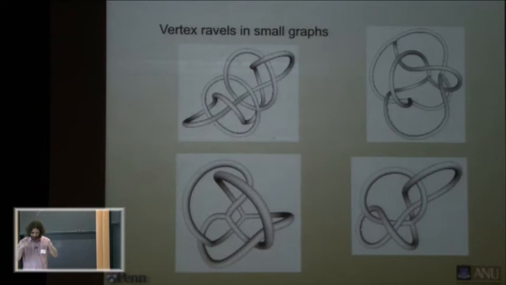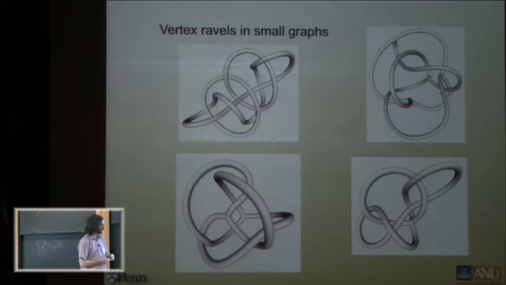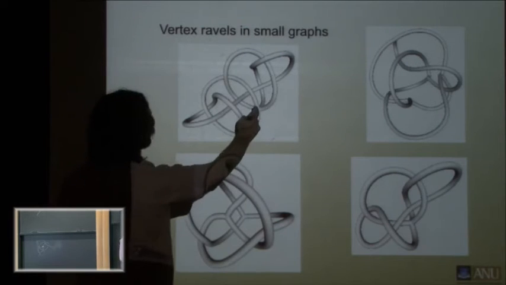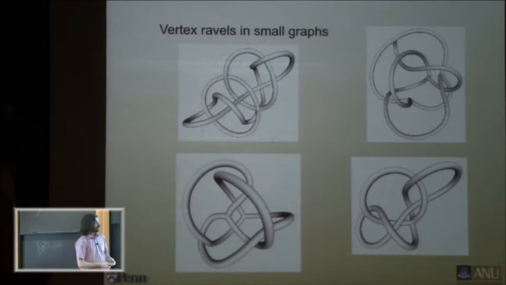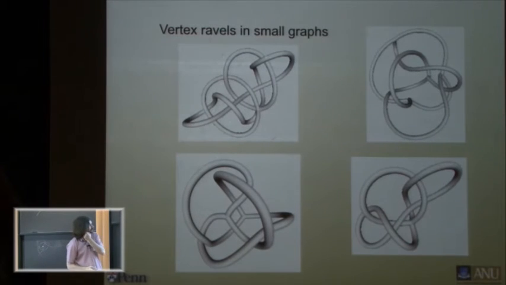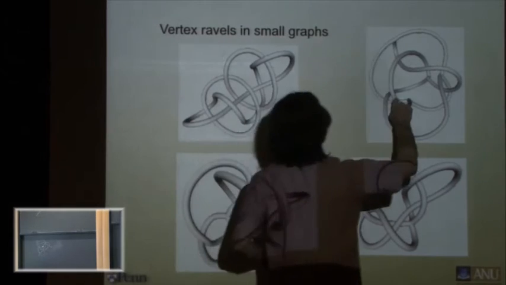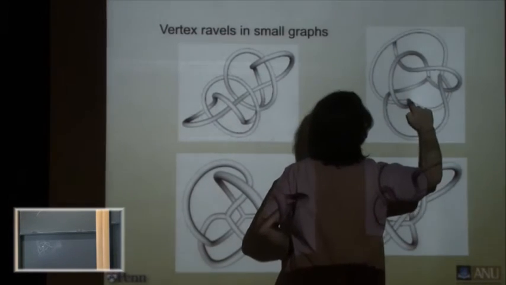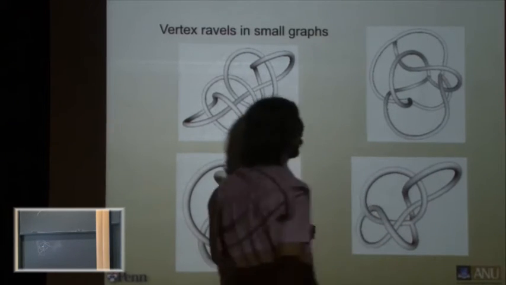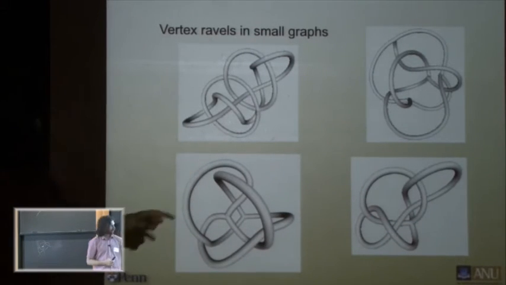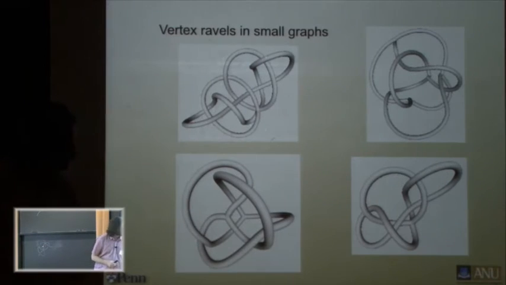And just to habituate your eyes to them, here's a bunch of ravels. We've got a petal graph, 3 lobes going off one central vertex. Top right, we've got a tetrahedron where this cycle is just a boring cycle, and this vertex, which should be like the top of the pyramid, has a ravel around it. Another petal graph in the lower right, and here's just a familiar theta graph.